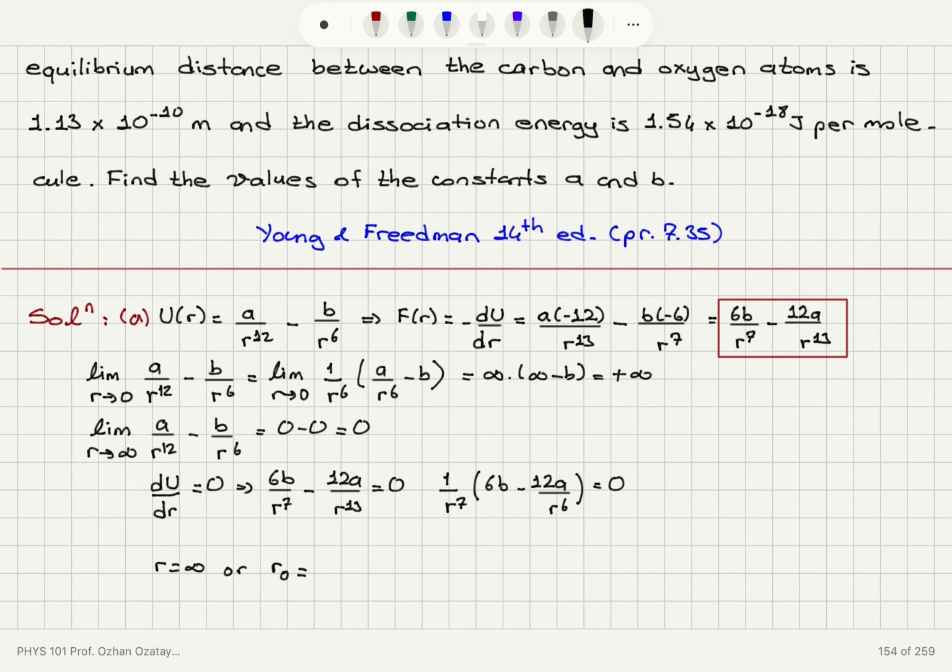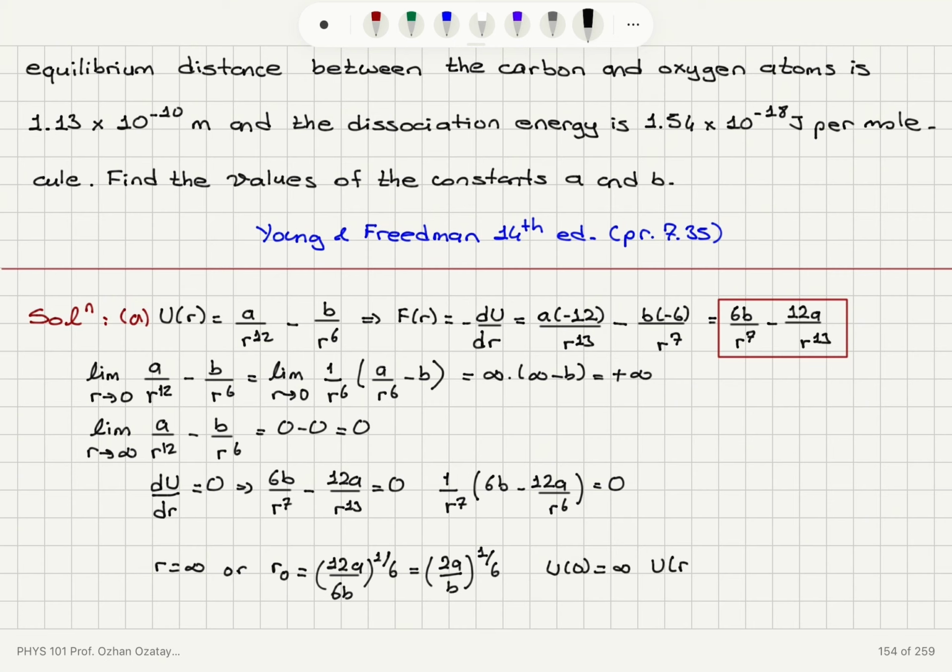So R to the 6 will become 12A over 6B, so R0 equals 12A divided by 6B to the power 1 over 6, or 2A divided by B to the power 1 over 6. And the potential energy at 0 is infinite.